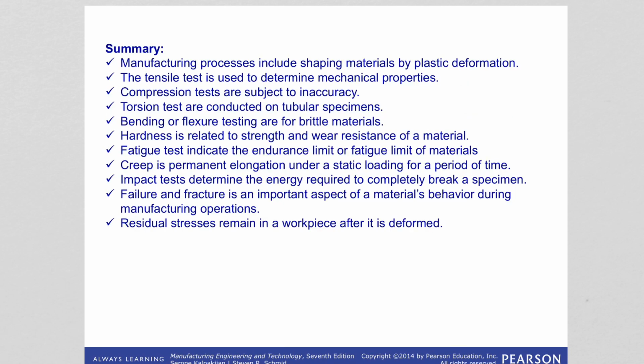Alright guys, so in this chapter we basically learned that manufacturing techniques will cause plastic deformation in the material that we are trying to shape, and it is important to determine mechanical properties because we need to determine what type of processing parameters are necessary to manufacture that part.